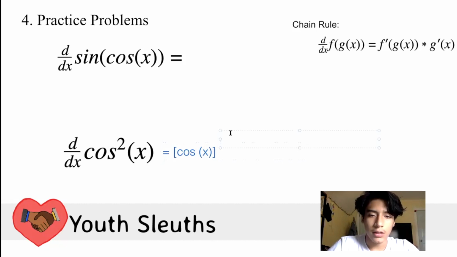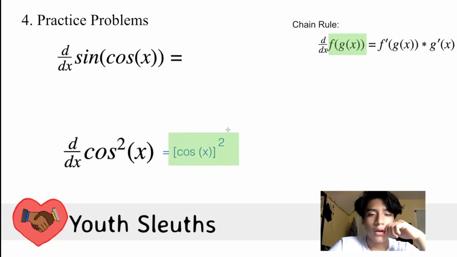That just makes things a little bit easier so we can actually solve. So as we can see in the chain rule, the outer function is f of x, right? And so the outer function here would be the squared, and so the inner function would be g of x, which you can see is the cosine of x.